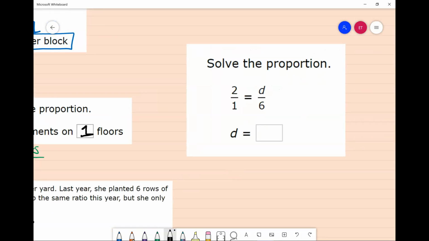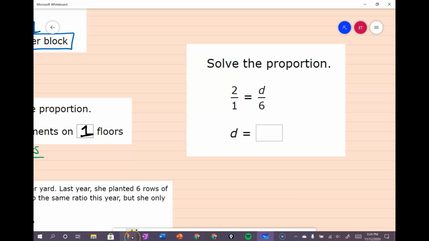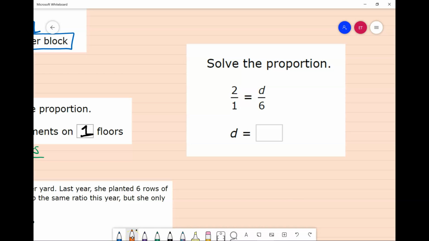All right, just solve the proportion. I have 2 over 1 equals D over 6. So I need to find a relationship. 1 times what number can get me to 6? 6. 1 times any number is that number. Whatever I do to the bottom, I do to the top. 2 times 6 is 12.